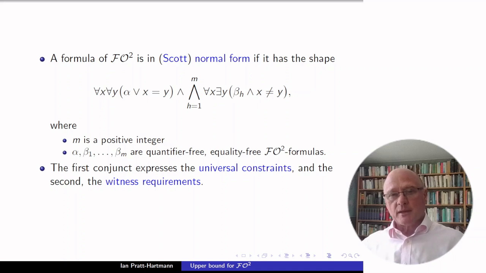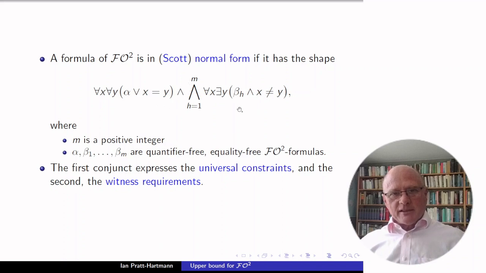In other words, a Boolean combination of atoms, not involving equality. So we think of this conjunct as being the universal constraint. It says what happens to any pair of elements in any model of our formula.